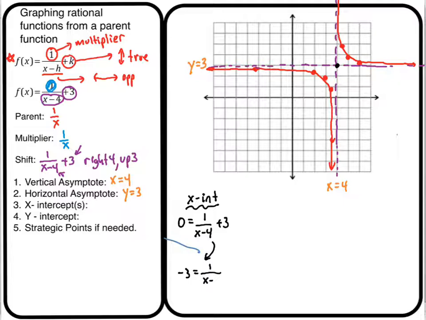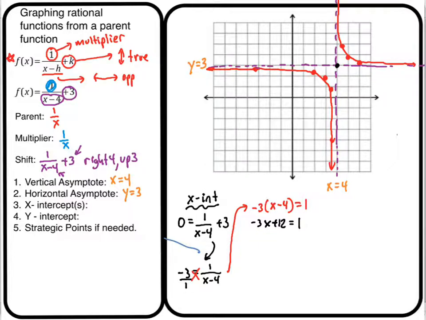Now I have an instance where I can cross multiply and then solve for x. I end up with negative 3 times x minus 4 equals 1 times 1, which is 1. Distributive property, and now I got this.